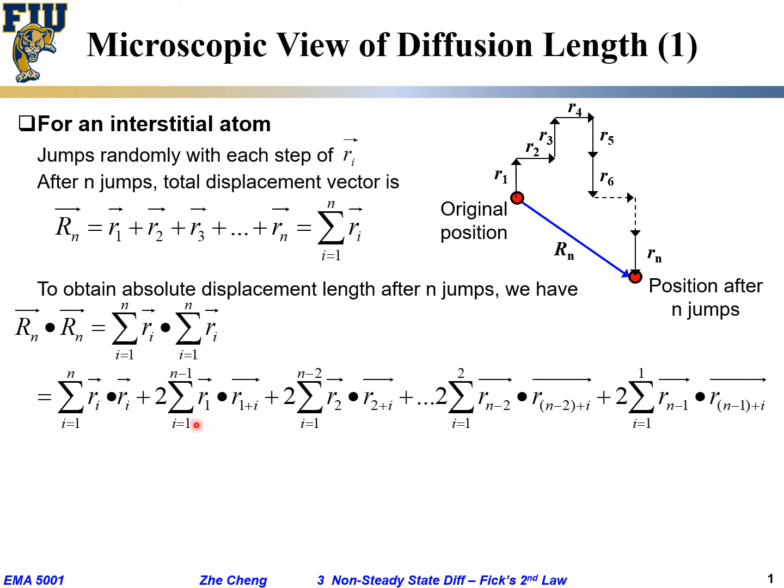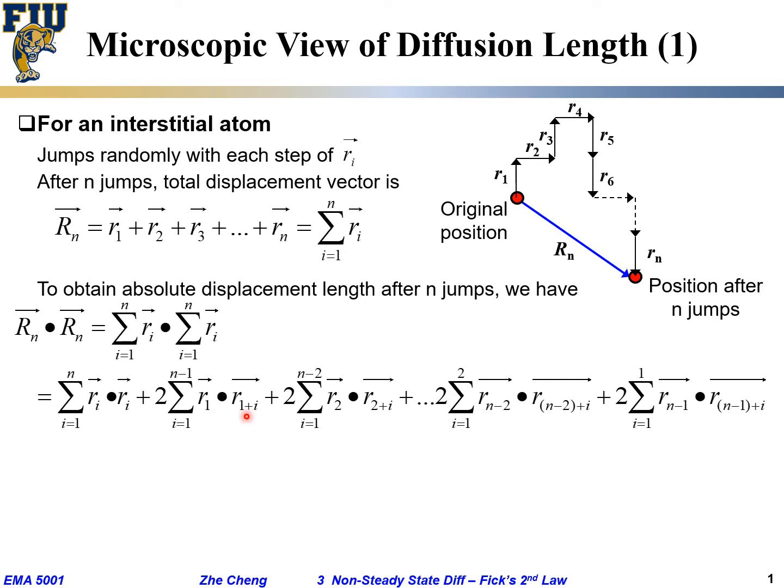And then we have the so-called crossing terms. R1 times R2, R1 times R3. Look at here. The first term is always what? R1. And then the second term is from which one? 1 plus i, from 1, which means the smallest one would be R2, go all the way to n minus 1.